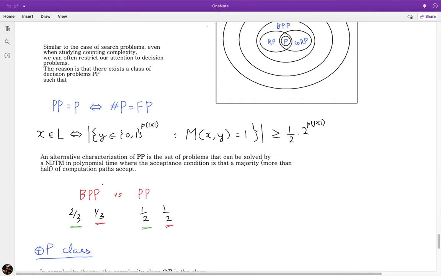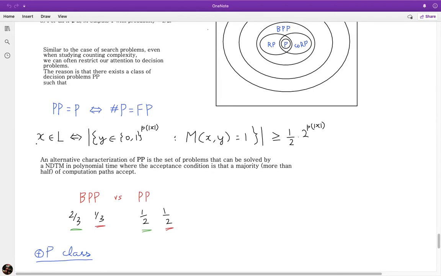So we have a definition over here: if L belongs to the class PP and x is a string in this language L, then this would imply that the number of elements in the set of strings y, of length polynomial in x, such that M, a Turing machine, takes x and y and gives 1, is the total number of accepting paths.